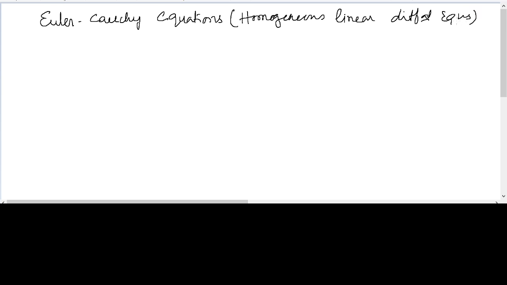So what type of equations are called Euler-Cauchy equations or homogeneous linear differential equations?